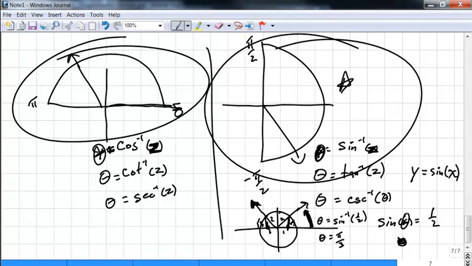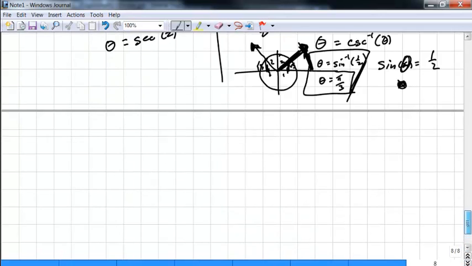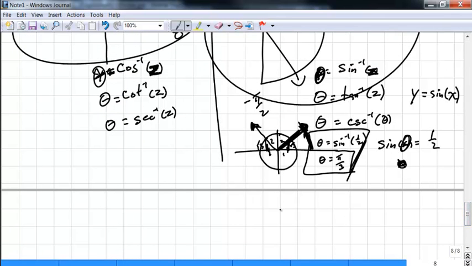So sine of theta is 1/2. One possibility is this inverse sine. It gives you a very specific one. Well, there are infinitely many rotational angles that will give you that same value. And what are all those? Well, they're pi over 3 plus 2n pi.